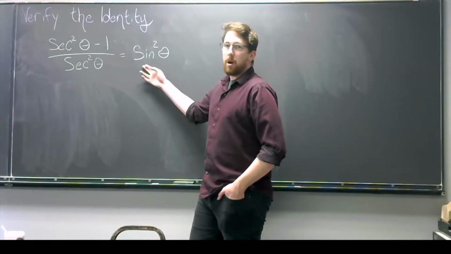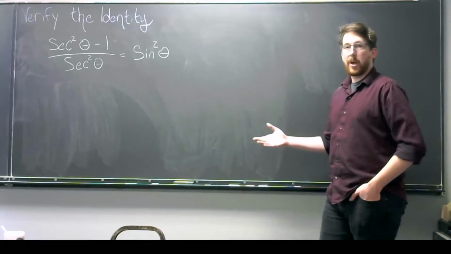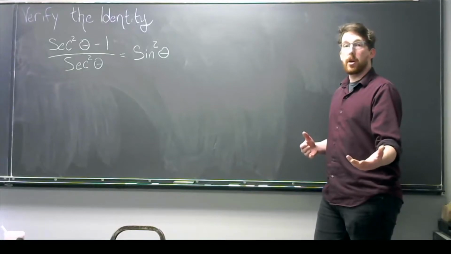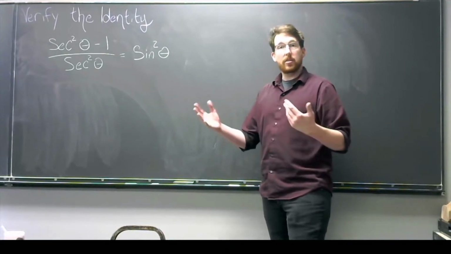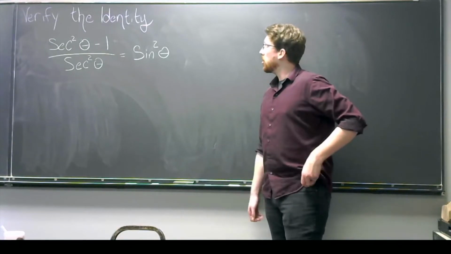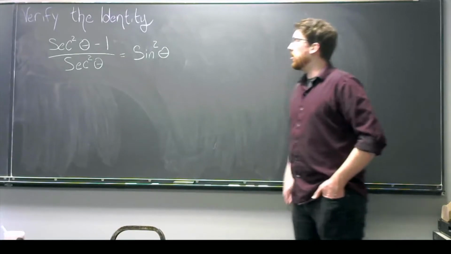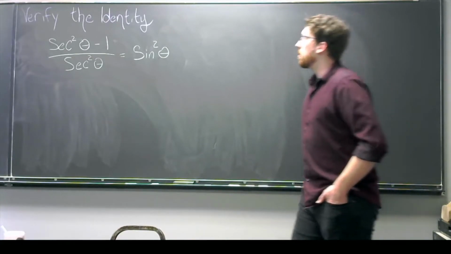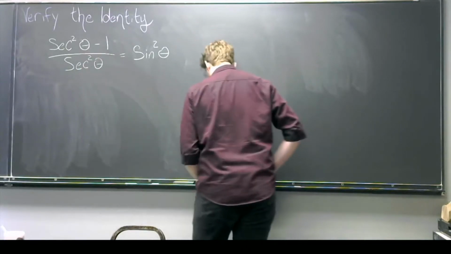So this next problem is kind of similar to what we had done on the exam, right? I had asked you to use the identities we've learned previously to verify that these 2 statements were equivalent. But we're going to do the same thing here. To do that, we can start by looking at this fraction and saying, I can break this up, right?